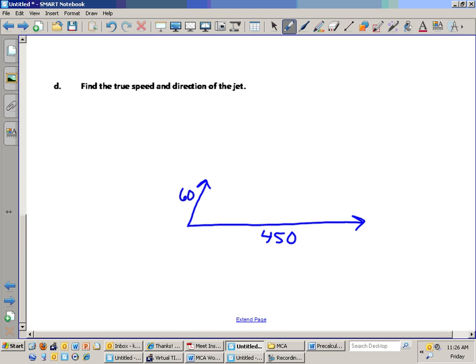There we go. Now, you told me that this plane right here is headed at what angle? 0 degrees.